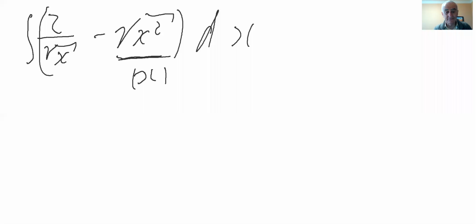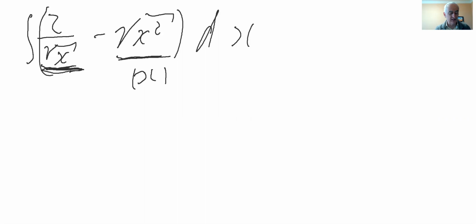The solution is here, and the solution is that here we have a square root. Because we have this square root, it implies that x must be positive.